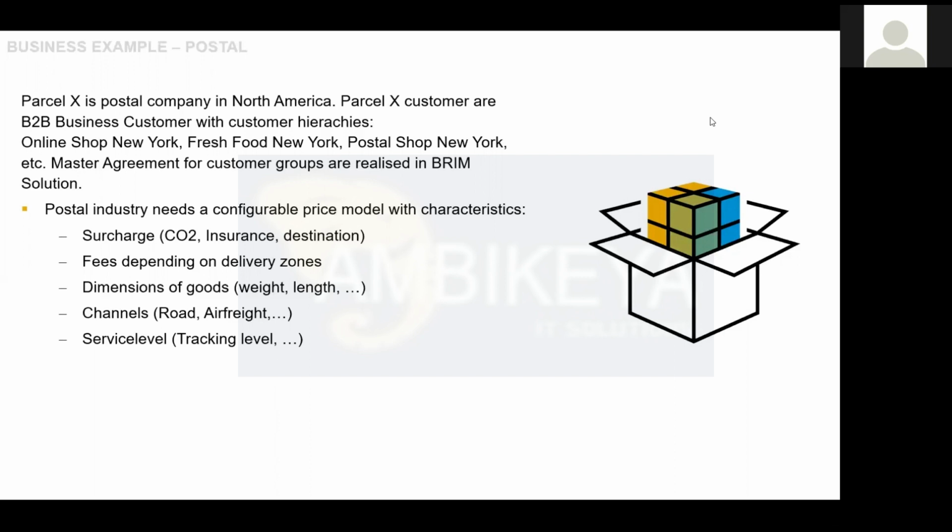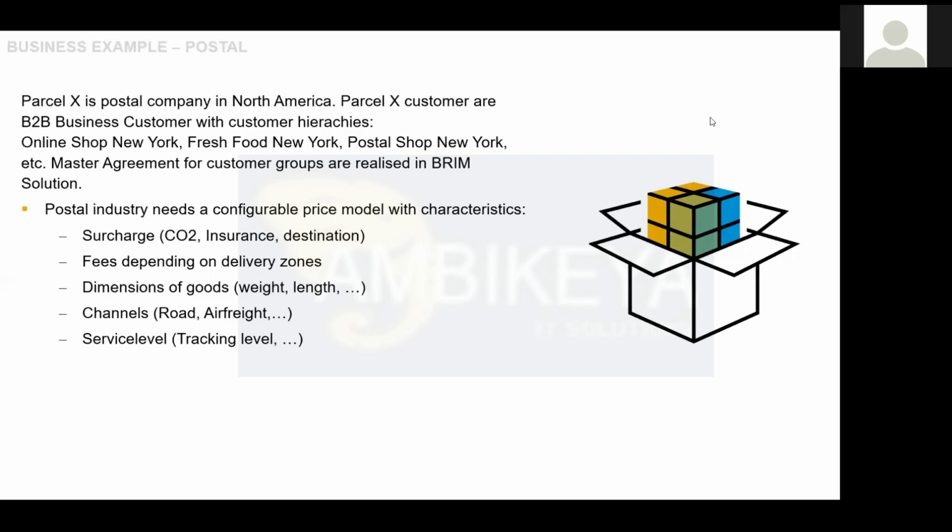As well, we have fees depending on delivery zones. We have dimensions of goods like weight, length, and so on. We have different channels, road, air freight, and we have different service levels. So this means that this use case has a lot of complexity according to industry-specific configurations. This is very easy possible.